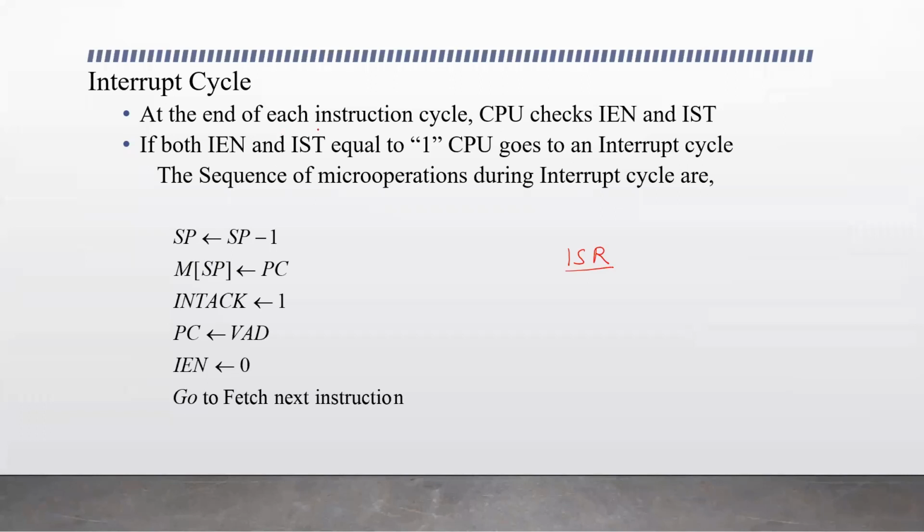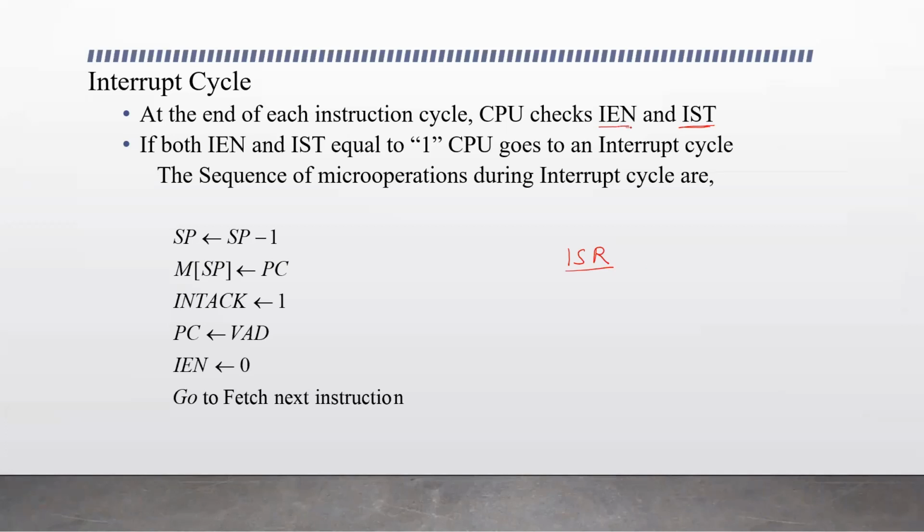So at the end of each instruction cycle, CPU checks IEN and IST. If both IEN and IST are equal to 1, CPU goes to an interrupt cycle, for servicing the device that has sent the interrupt request to CPU.